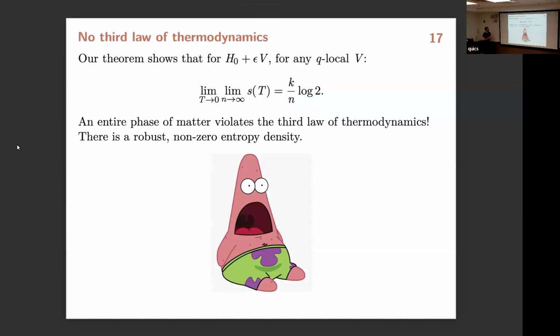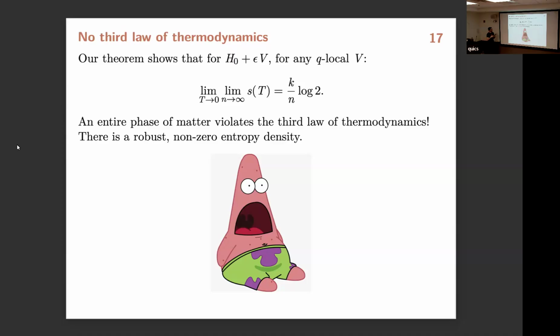Okay, and now we can return to our second law of thermodynamics. Third law of thermodynamics, thank you. And we see that now this constant entropy density is absolutely stable. Because we have this extremely tiny energy splitting in the ground state subspace, when we take the thermodynamic limit, the entropy density is finite, not only at the code fixed point Hamiltonian H0, but also for arbitrary perturbations away from that point.